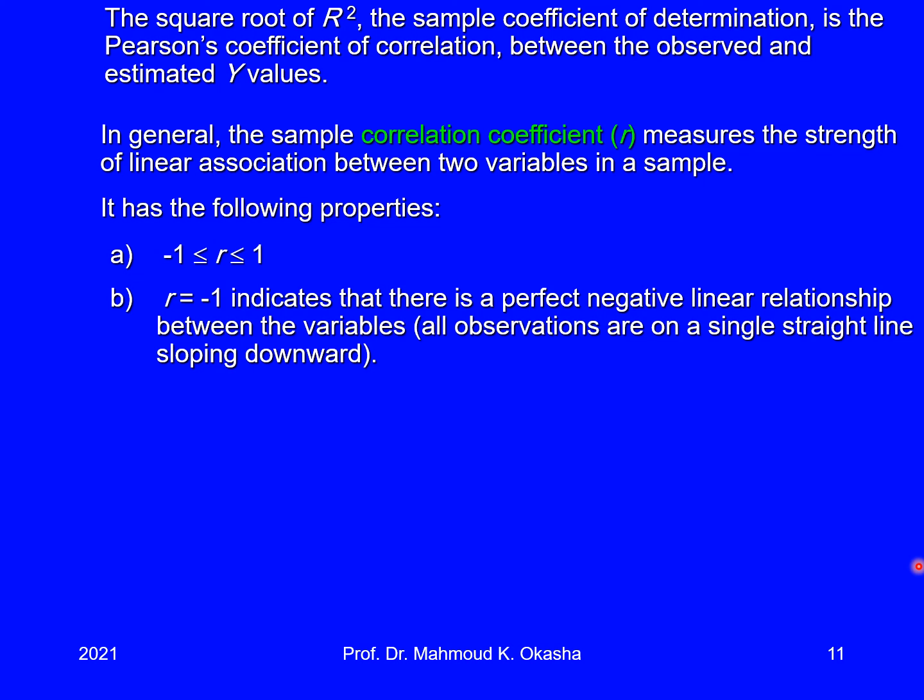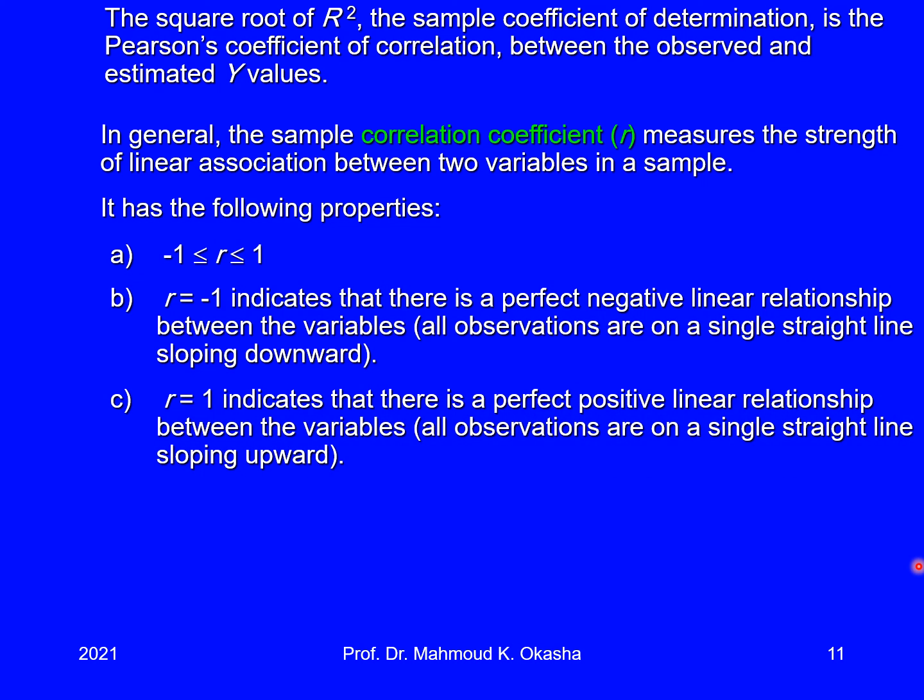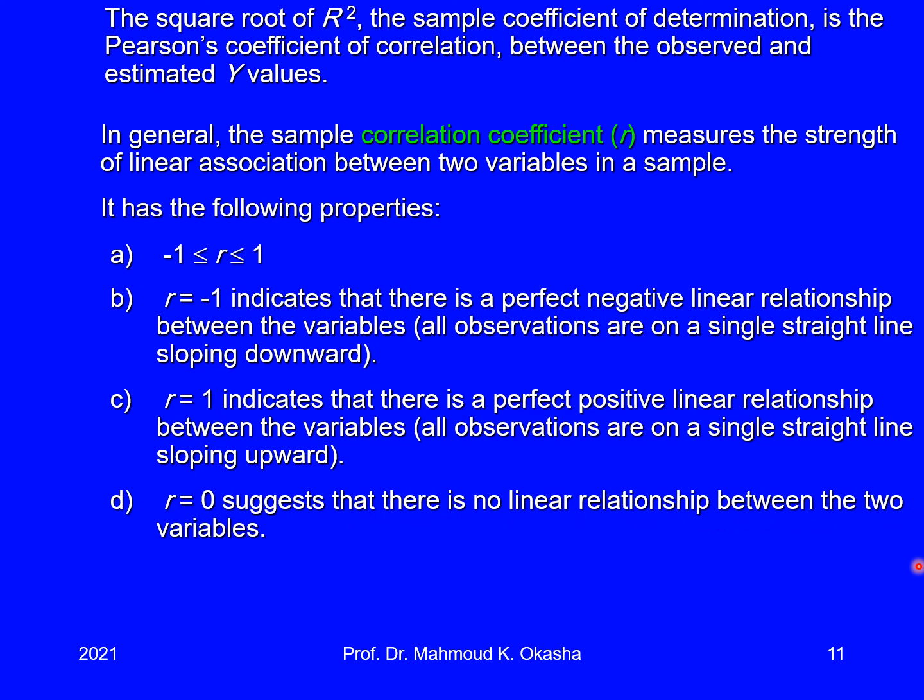If it is exactly +1, it indicates a perfect positive relationship between X and Y, so all observations are on a single straight line sloping upward, right?